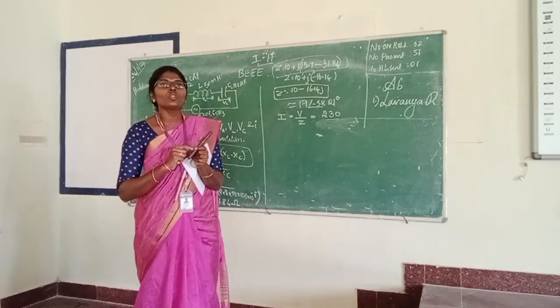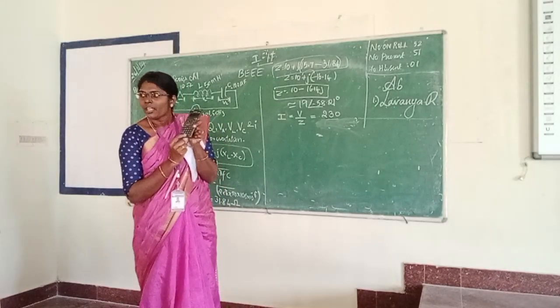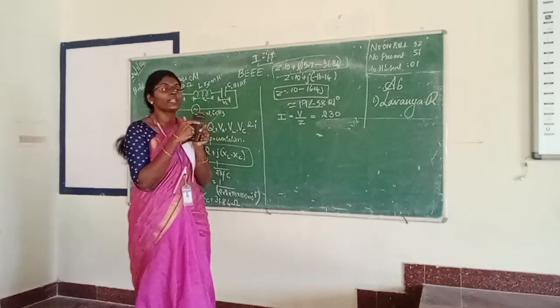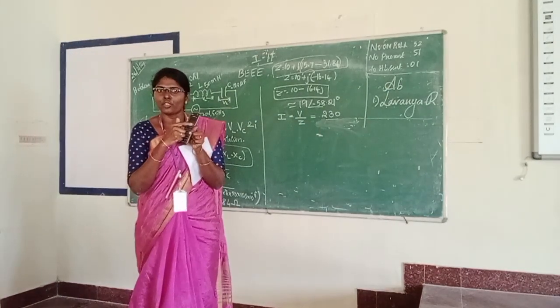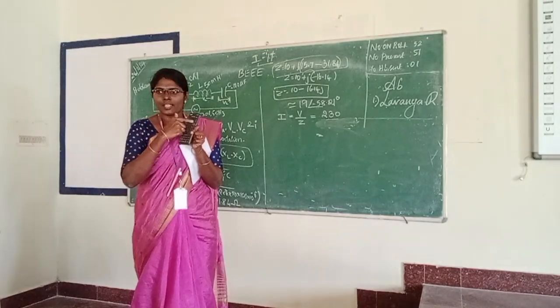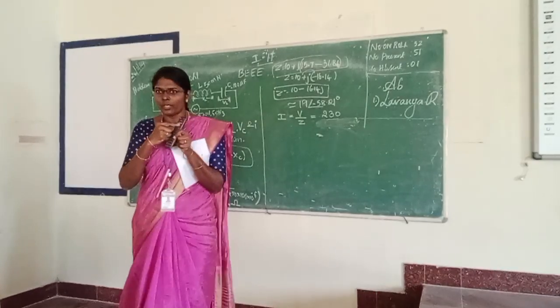Just do 230 divided by the answer. In the calculator there is an answer, that is approximately 19 angle of minus 58.21.